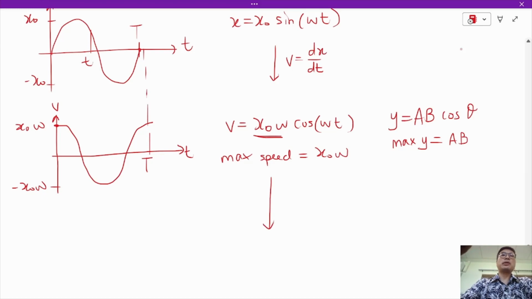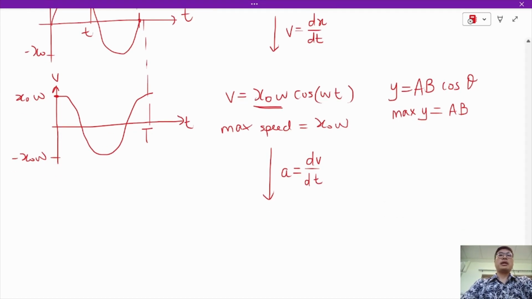All right. Now, how do we obtain the acceleration from velocity? If you said differentiation, you are correct. So a equals dv/dt. Let's differentiate v again. For those of you who don't remember how to do differentiation, I'll do it with you. First of all, we preserve whatever is in front, so that's x naught omega. The cosine becomes a negative sine.